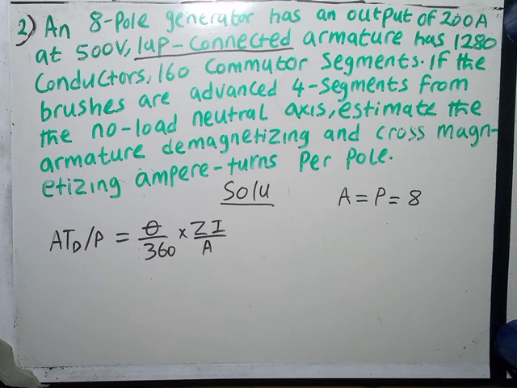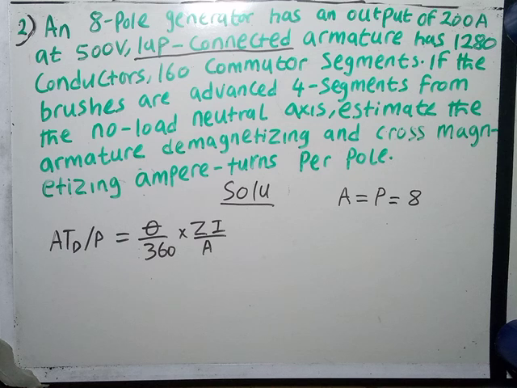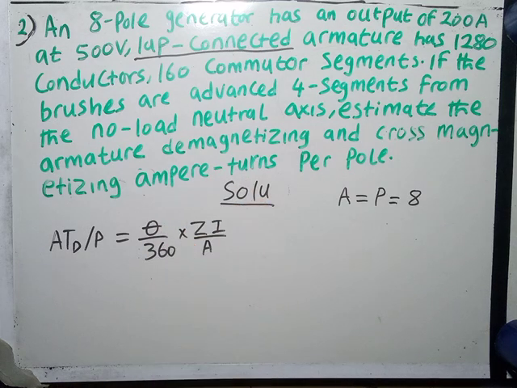But in this case, we weren't given theta. Instead, we were told some things that could help us to get this ratio. This ratio of theta over what? 360.